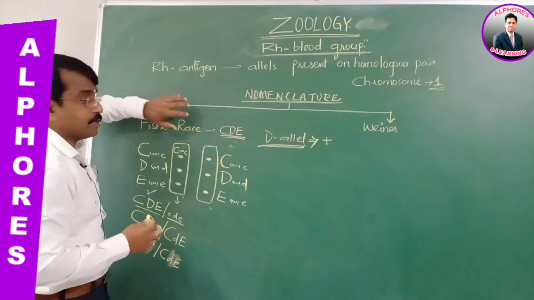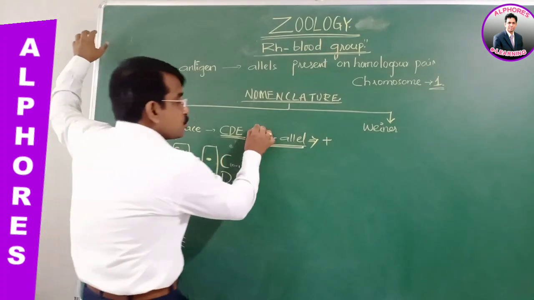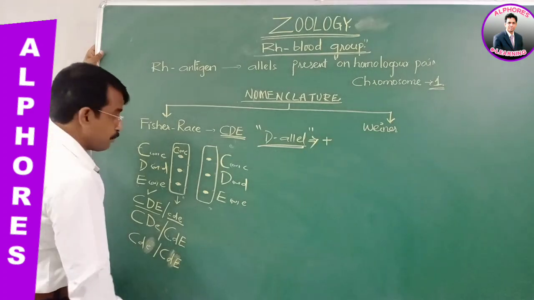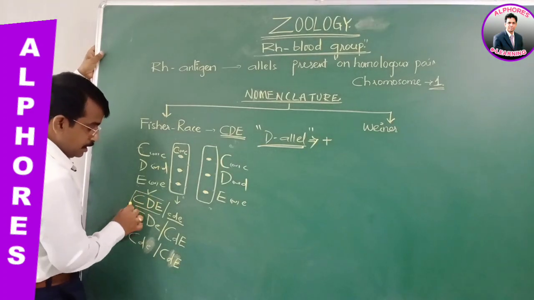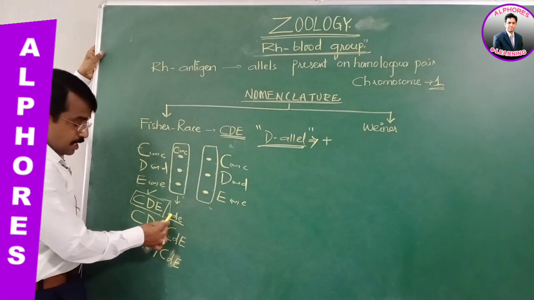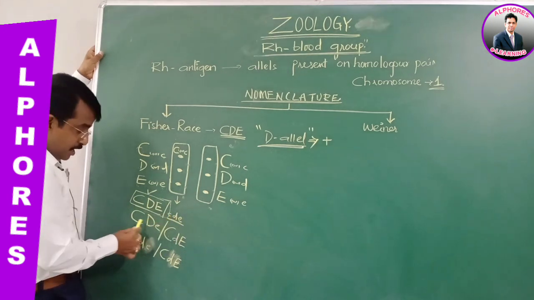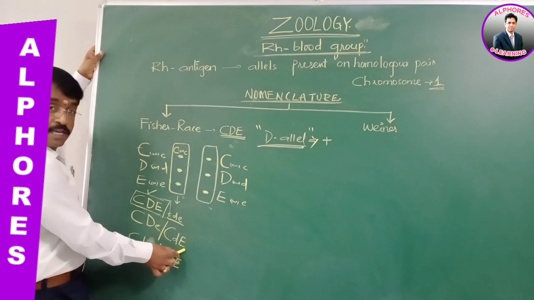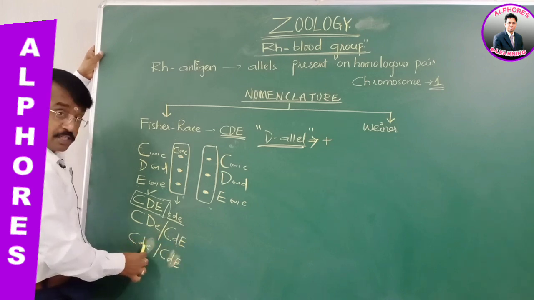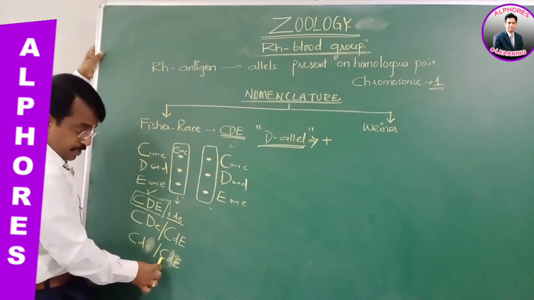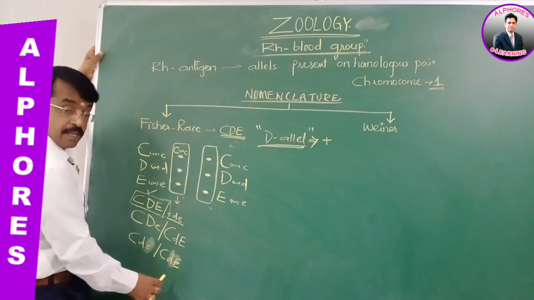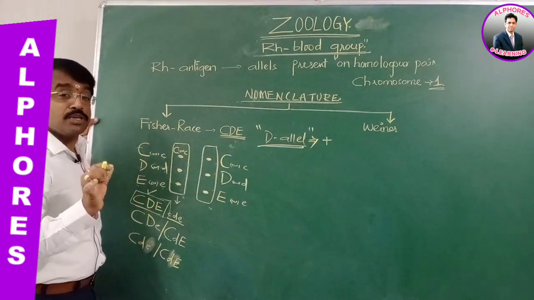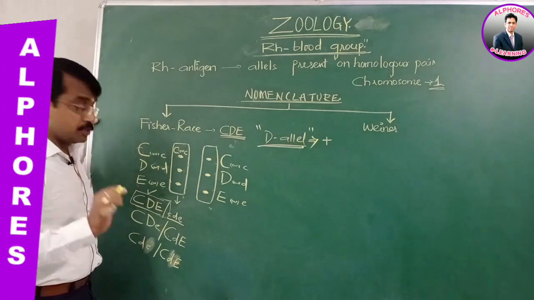So according to Fisher and Race, presence of a capital D allele, for suppose here this is capital C, capital D, capital E, small c, small d, small e. Here capital C, capital D, small e. Here capital C, small d, capital E. Here capital C, small d, small e. In all these instances, presence of capital D is going to determine an individual as positive.